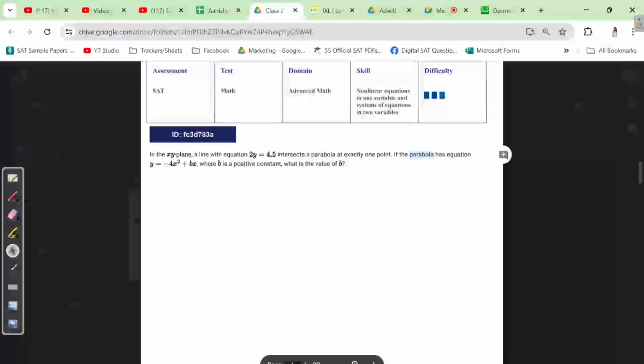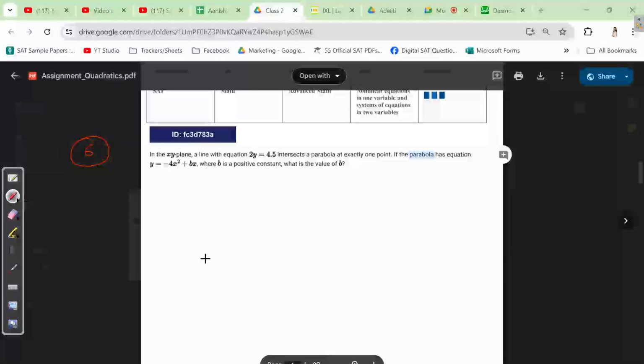I got 0.75. No, that is not correct. Unfortunately, this one is not correct. The correct answer is 6. But okay, can you tell me how you solved this?